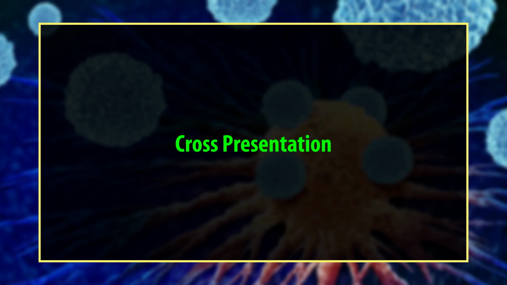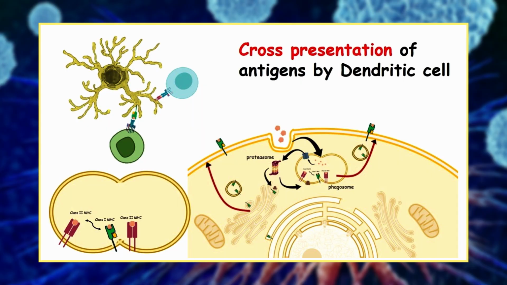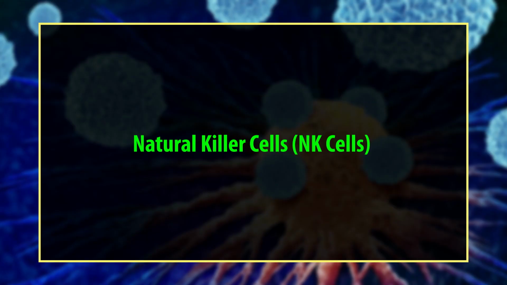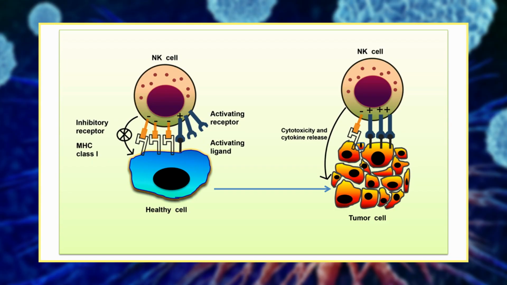Cross presentation is unique to DCs. They can present extracellular antigens on MHC class I to CD8 T cells, activating cytotoxic T lymphocytes. This is vital for immunity against viruses and tumors. Natural killer cells, or the NK cells, part of innate immunity, eliminate virus-infected and tumor cells without sensitization or MHC recognition, aiding cell-mediated immunity.